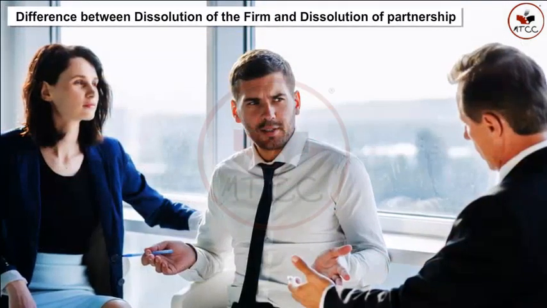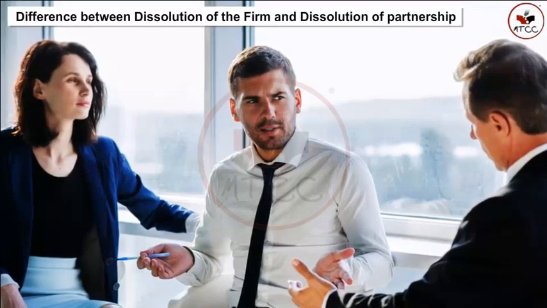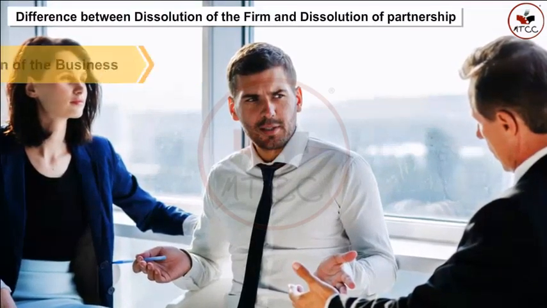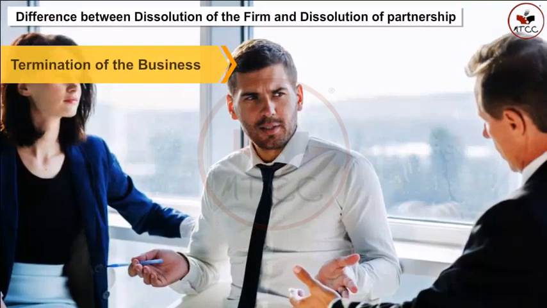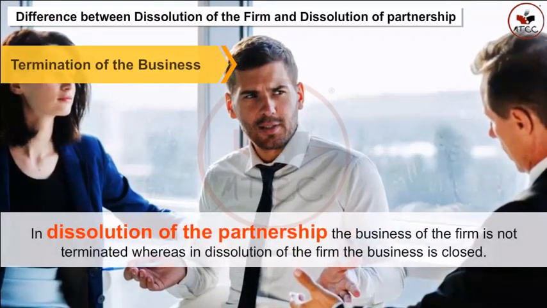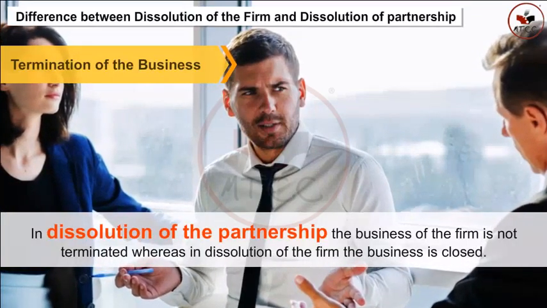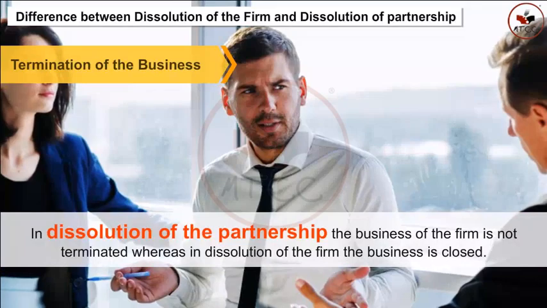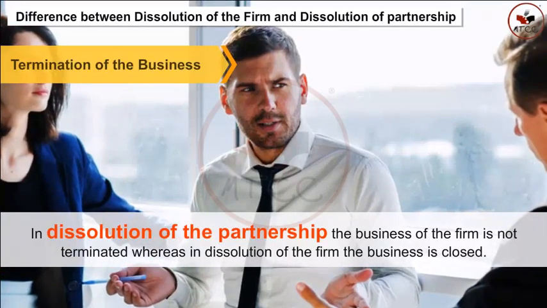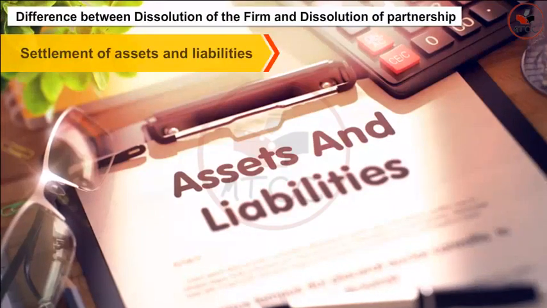Difference between dissolution of the firm and dissolution of partnership. Termination of the business. In dissolution of the partnership, the business of the firm is not terminated, whereas in dissolution of the firm, the business is closed. Settlement of assets and liabilities.